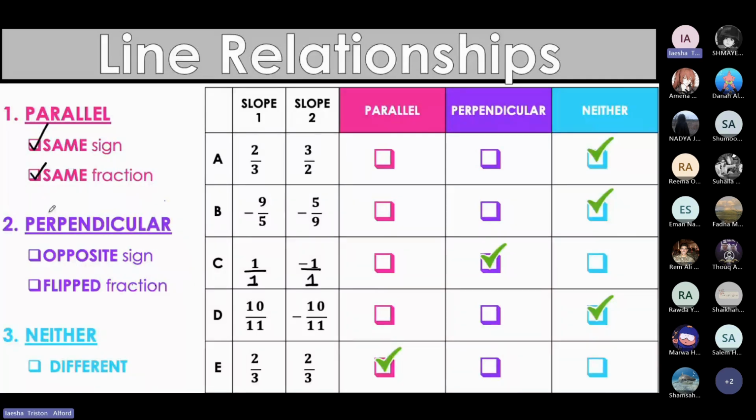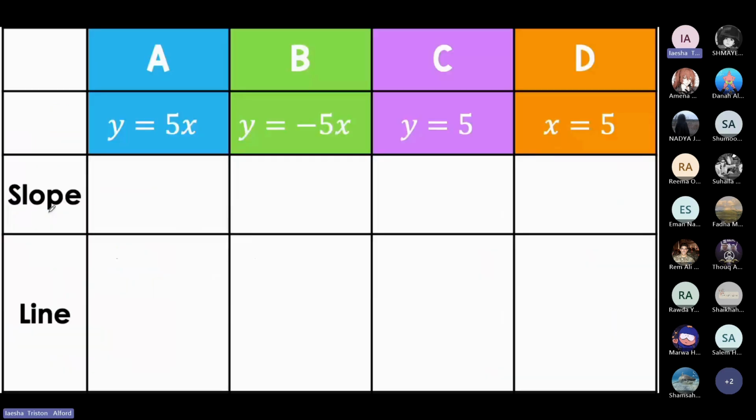That's what you have to do for this question in the exam. See the slope number 1, see slope number 2, say if it's parallel, perpendicular, or neither. That's it. What else do you need to remember about this? Your different kinds of equations, right?